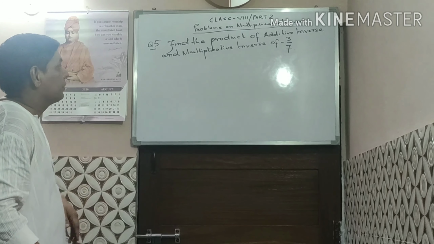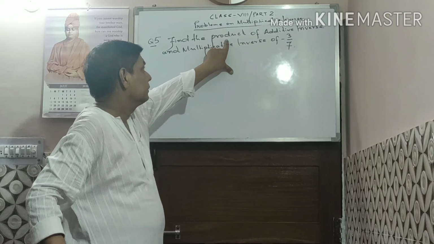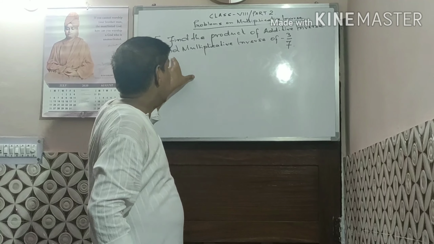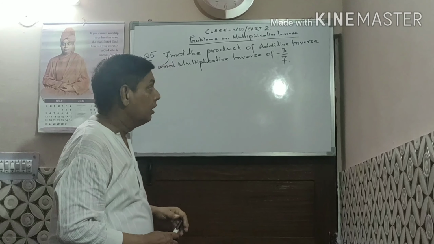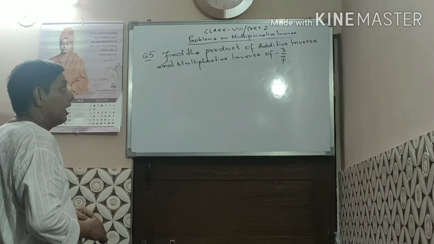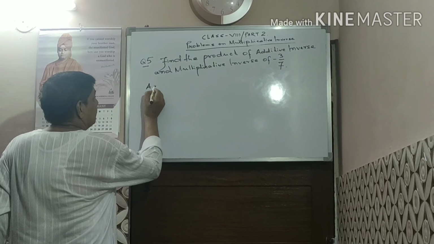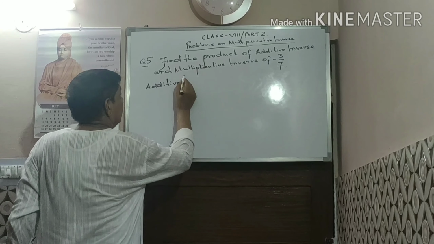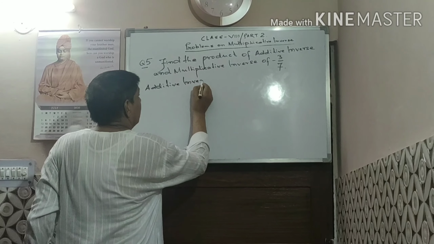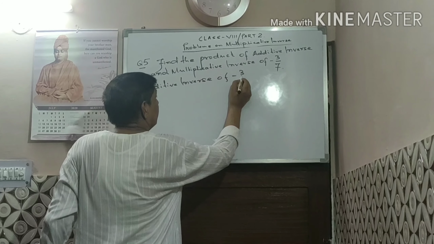This is your fifth question. Here we have been asked to find the product of the additive inverse and multiplicative inverse of minus 3 by 7. First, we will find the additive inverse of minus 3 by 7.